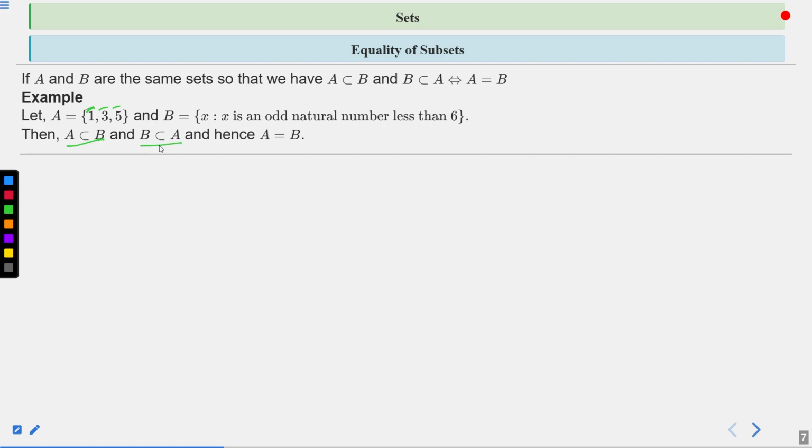And for this, we have to show that every element of set B belongs to set A. This is also true. So both conditions are satisfied, hence we can say that A equals B from the perspective of subsets.